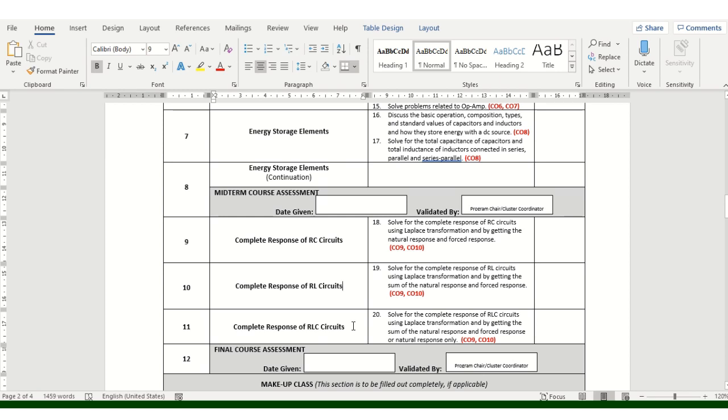We will not be only talking about simple series and parallel circuits involving RLC circuits, but if time allows, we'll also cover series-parallel networks involving resistive, inductive, and capacitive elements.